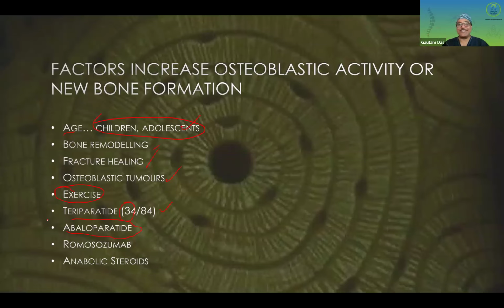And what is very interesting is the observation. If you give a once daily dose, the osteoblastic activity is maximum, so there is an increase of bone mass. If you give a twice daily dose, one in the morning and one in the evening, the osteoblastic activity is still there because its action lasts 3 to 4 hours, but it is less.